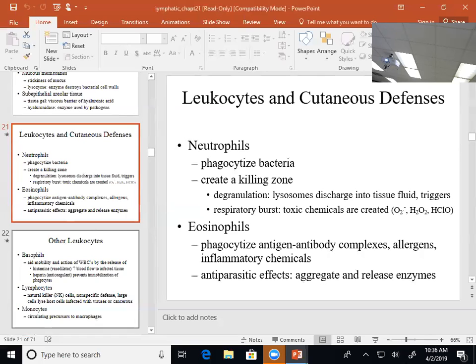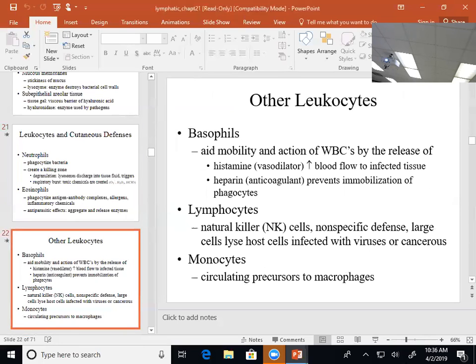We have those circulating. How about eosinophils that have histamines? They also are going to be protective. And we said we're going to see these increasing if there are allergens or worms, parasites, didn't we say? We have basophils that have histamines and heparin, an anticoagulant. These are going to protect us too in our tissues.